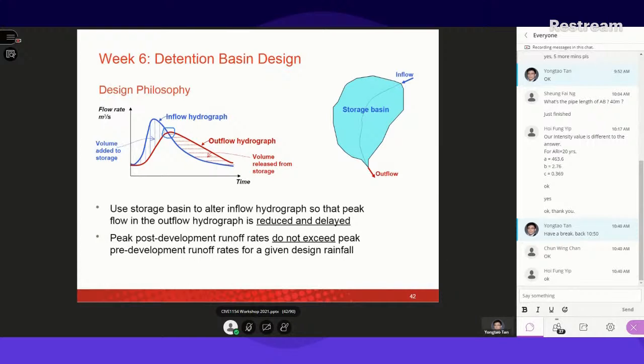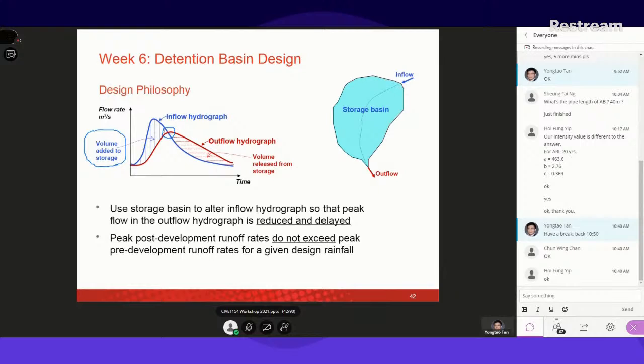Which is introduced later. So for the detention basin here, normally the volume added to the storage is this part. You see that? The volume added to the storage is this one. So that means the size is determined by using this volume added to the storage.